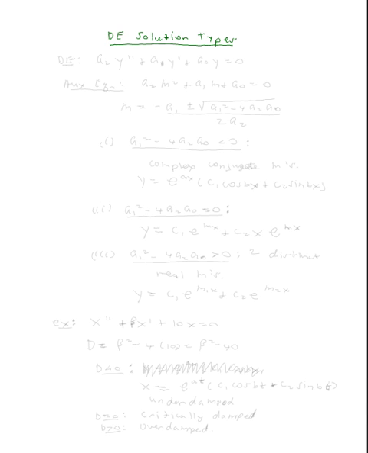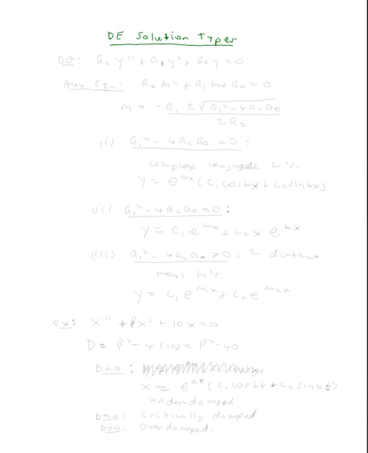Then we find the roots of P of m, the m's, and we form the general solution to the differential equation by using the m's, the roots of P of m.